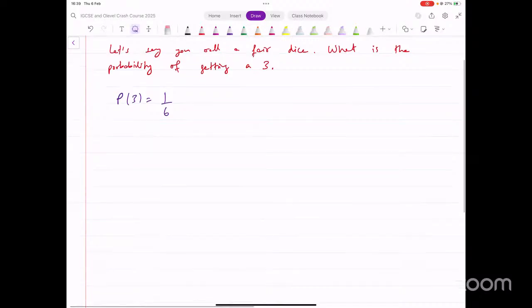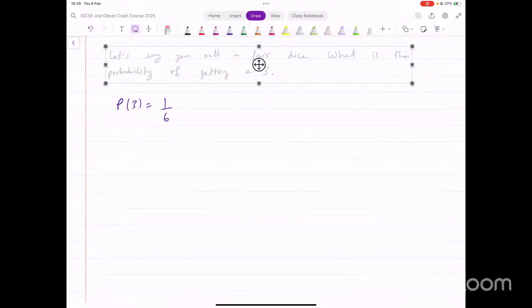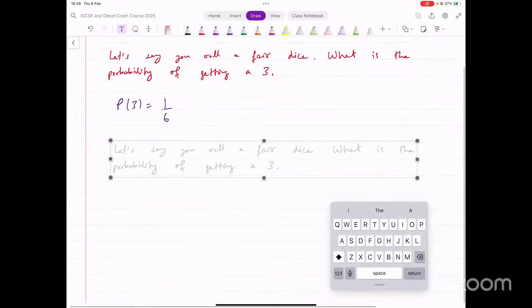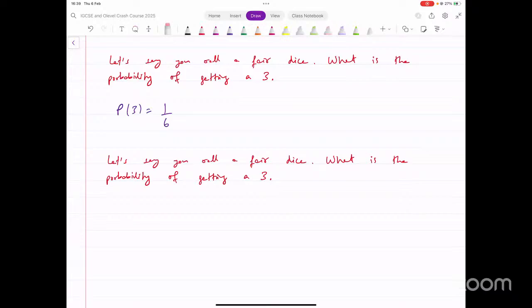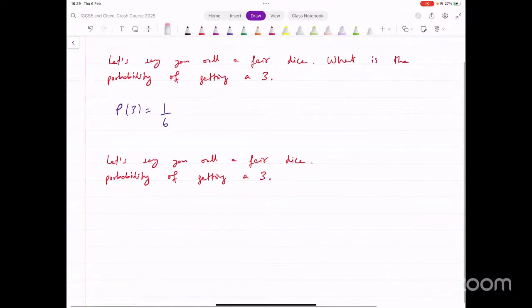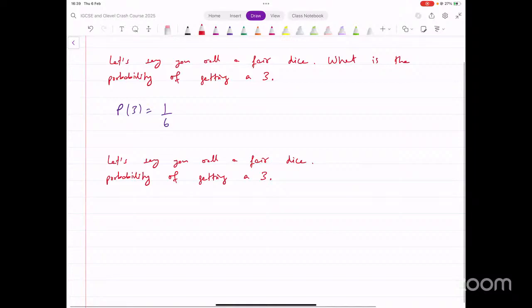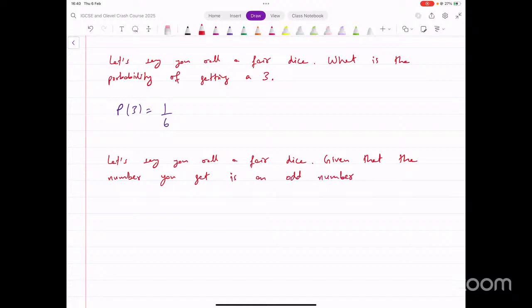Okay, but now, if I were to change this slightly, and instead of finding the probability of getting a 3 as it is, what if there was an additional condition added there like this? So you roll a fair dice. Now, given that the number you get is an odd number, what is the probability that it is a 3?